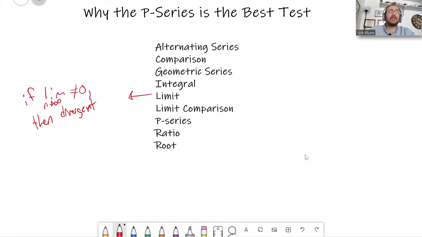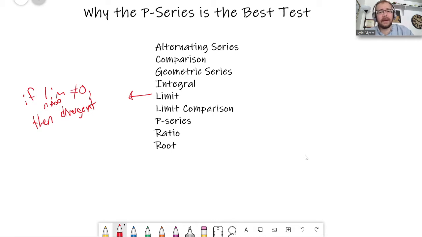The reason why this is really dumb is because the whole point of a convergence test is so that you can tell whether it's converging or diverging. This is not actually going to tell you whether it's converging. If the limit is 0, that just means I don't know for sure that it's diverging. It still could diverge. So the limit test is probably the least useful out of all of these.